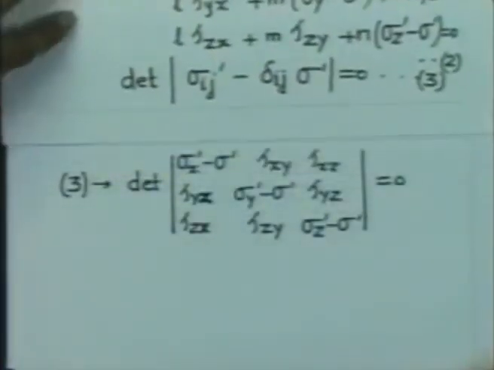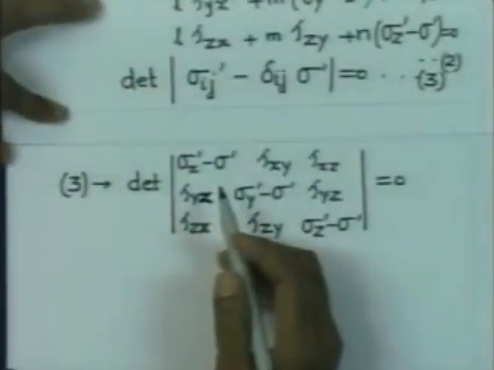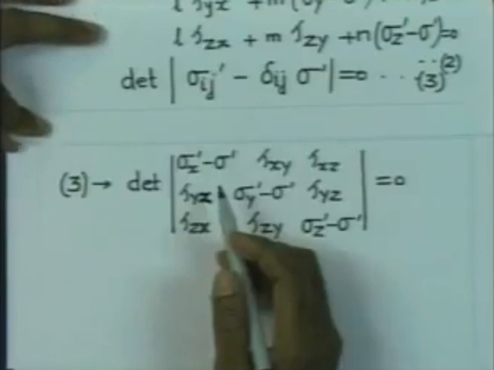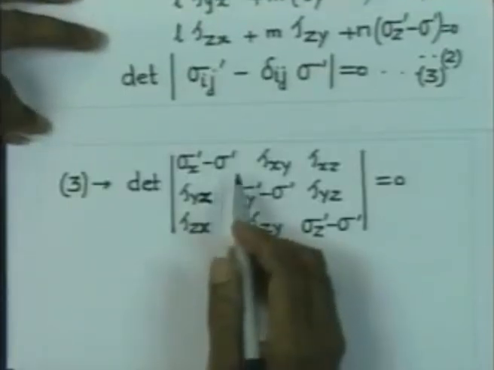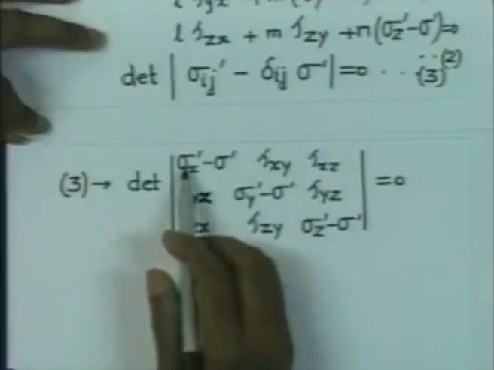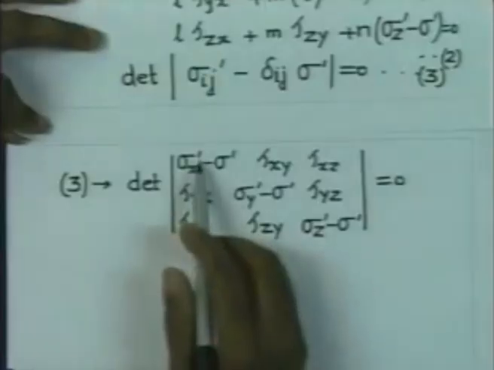This can be written in the expanded form like this, which is very similar to the earlier case where we had considered the total stress and the principal stresses given by sigma, and these stress components were sigma x, sigma y and sigma z, not with the dashes.